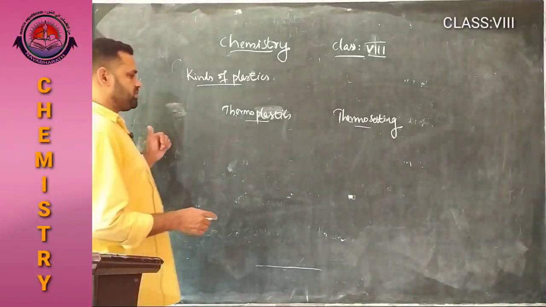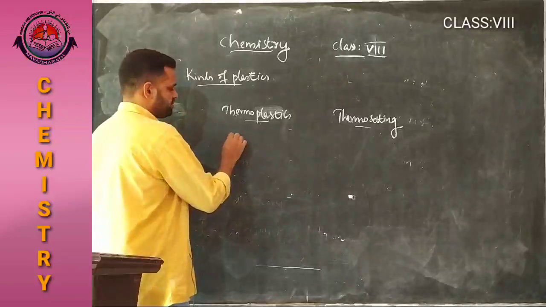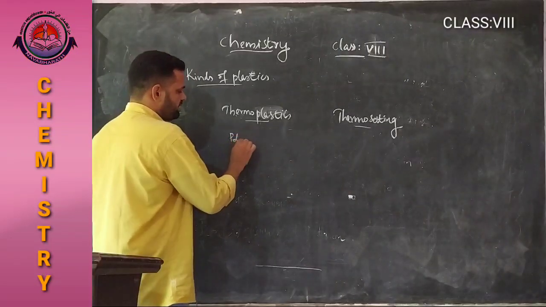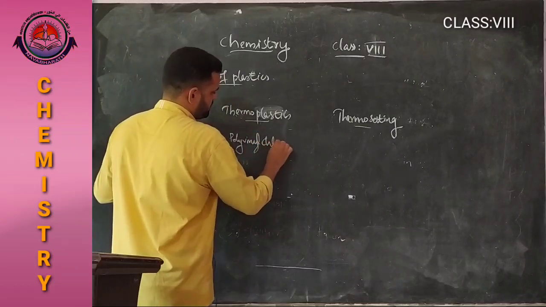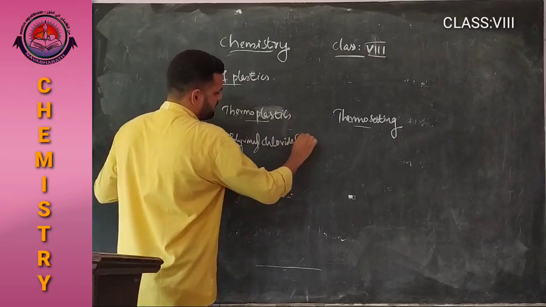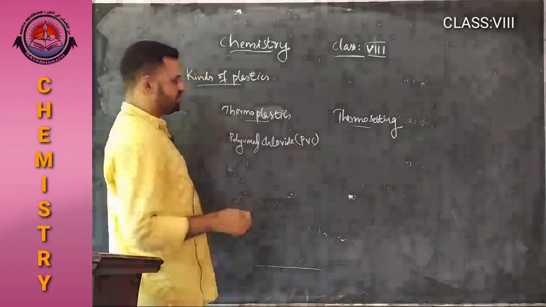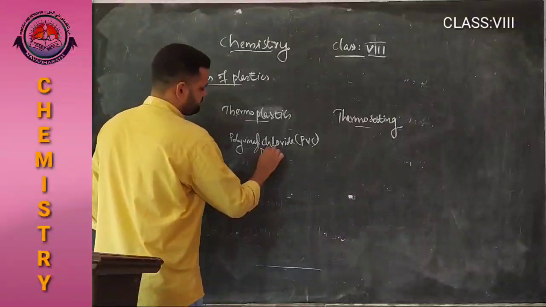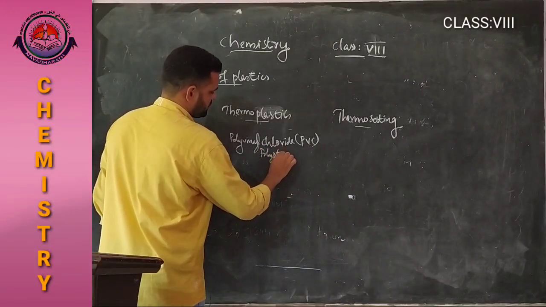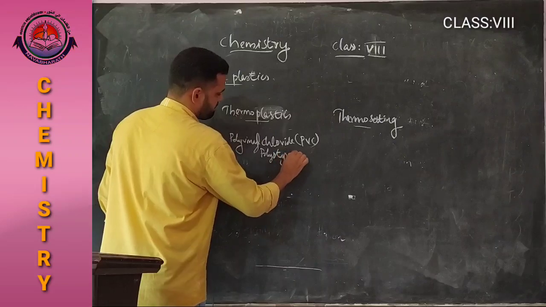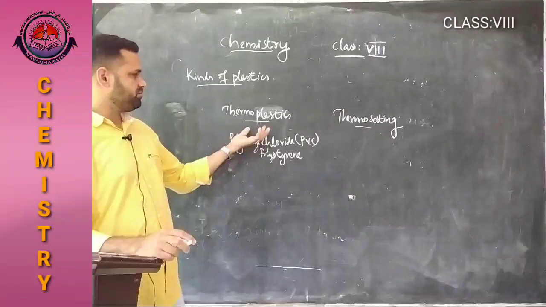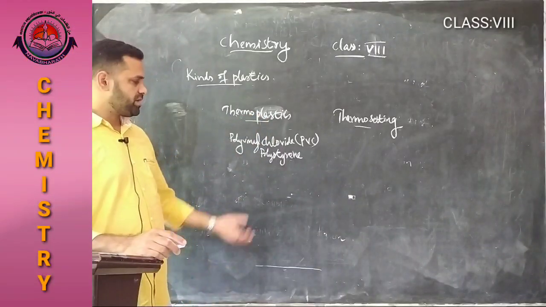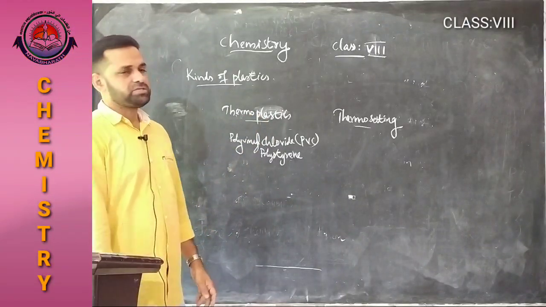Examples for thermoplastics are polyvinyl chloride, that is called PVC, polystyrene, polythene, etc.